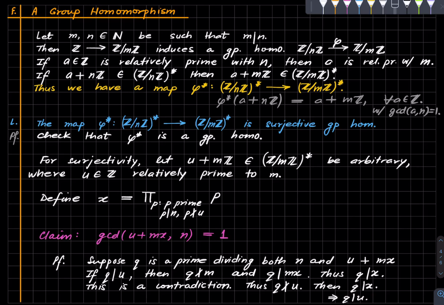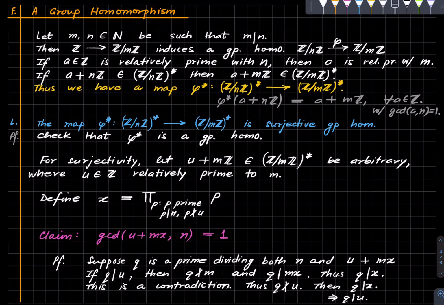But that's a contradiction, because if q divides u, then q is not a prime dividing x, again by definition of x. Any prime that divides u cannot feature in this list of primes, and therefore we again have a contradiction. So the point is that this GCD is indeed 1, and therefore the image of the remainder class of this modulo n under phi star is this element, which we had picked arbitrarily from the codomain of phi star, and hence phi star is surjective.